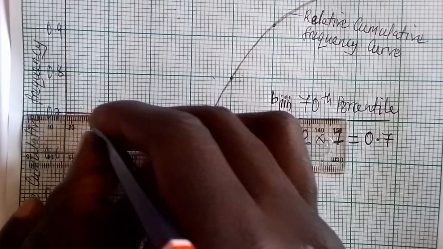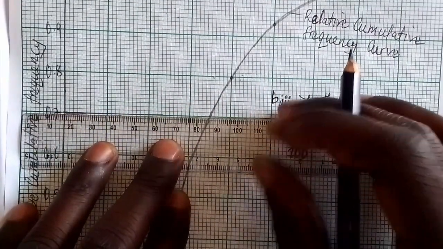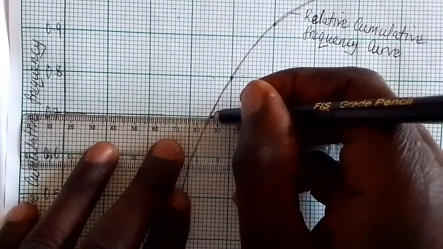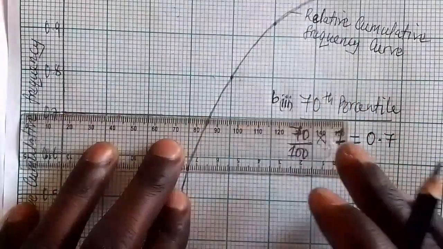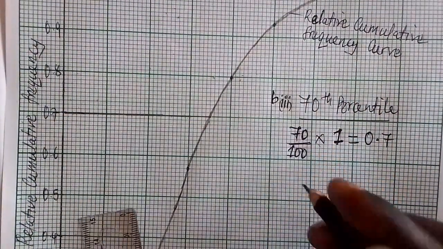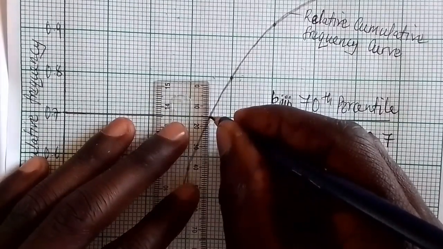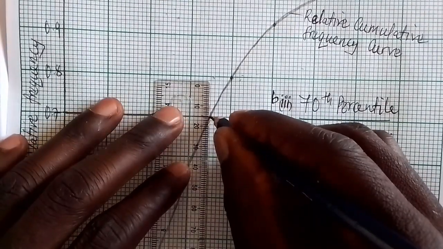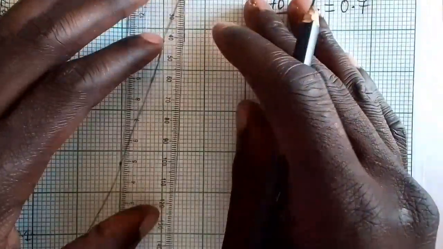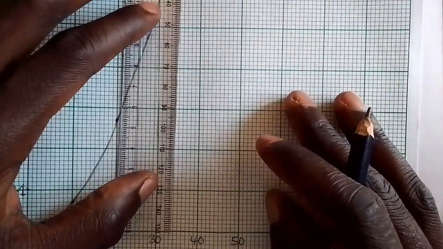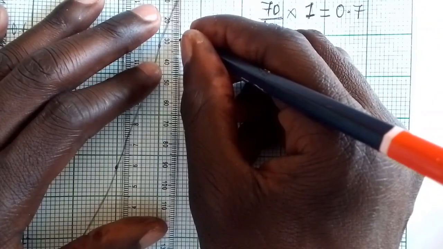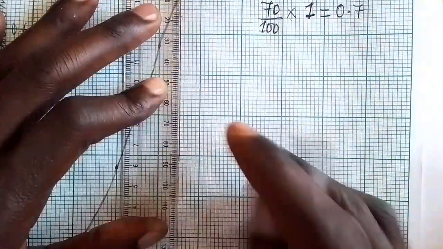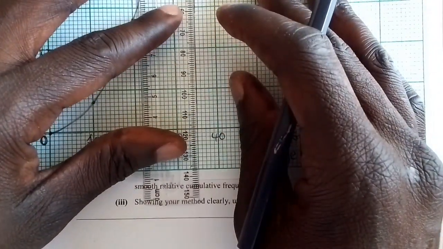From 0.7, we draw a line that is connecting to the curve. As soon as it meets the curve, we draw a vertical line, and this vertical line should meet the horizontal axis. Then we take the value where it meets the horizontal axis.